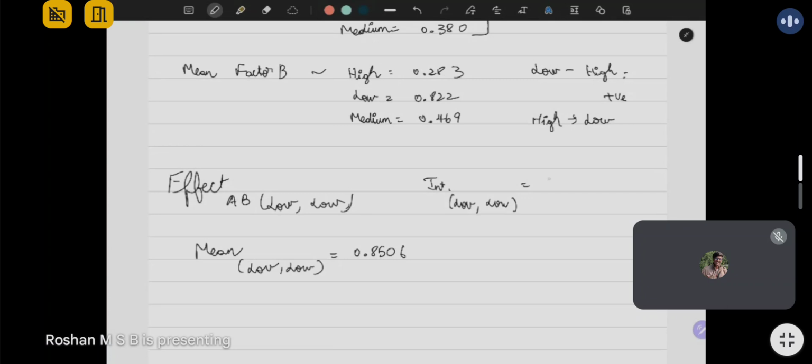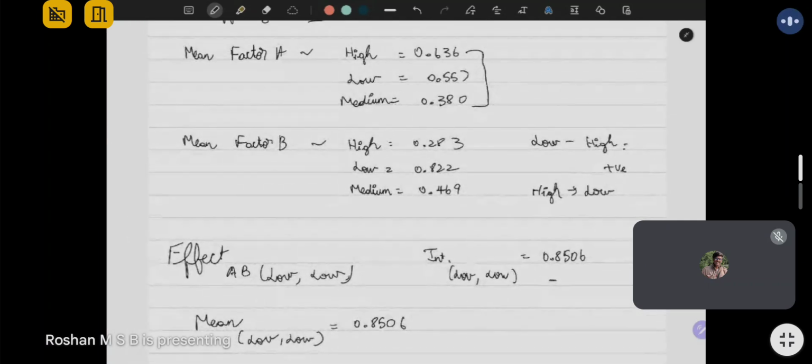You get the mean for low-low, that is 0.8506, and you have to subtract the mean for factor A low level, that will be 0.557.